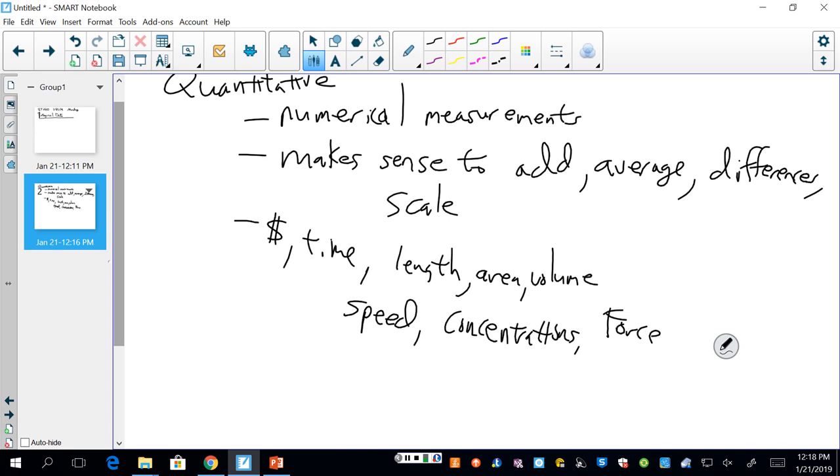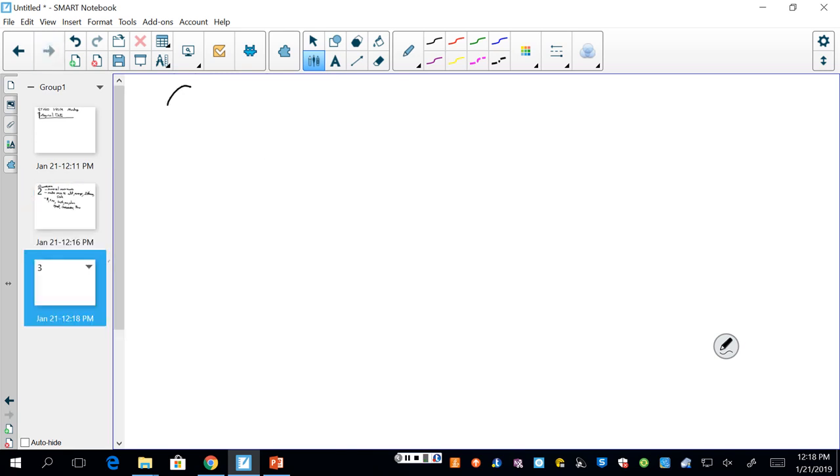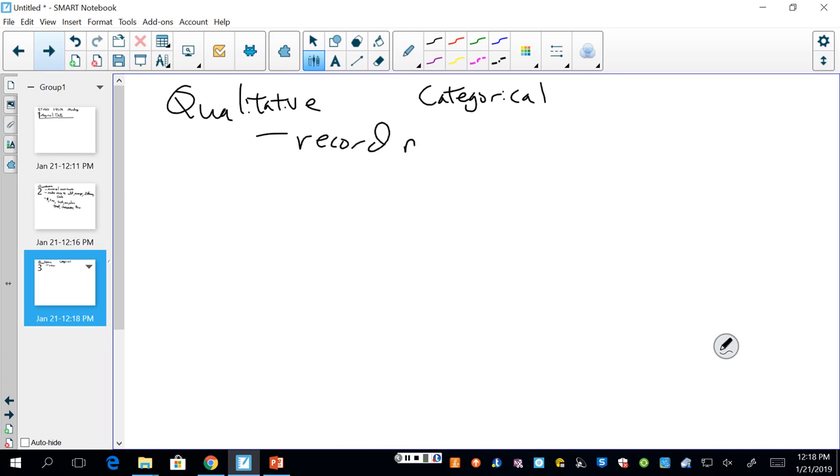And today we're really looking more at the qualitative ones. The qualitative ones are sometimes called categorical. And they really record membership in a group or some type of category.